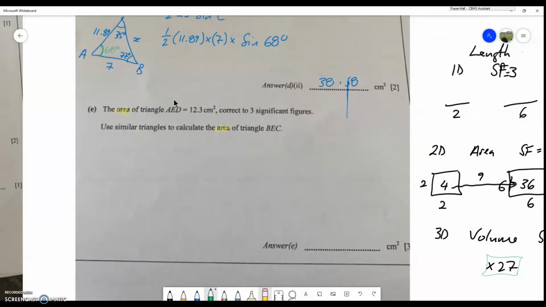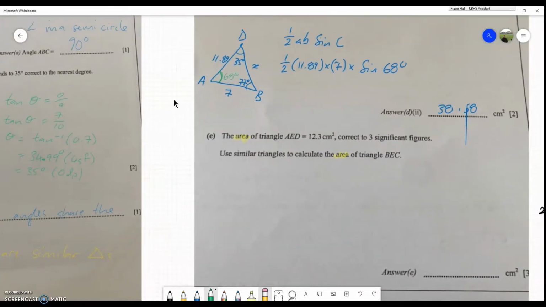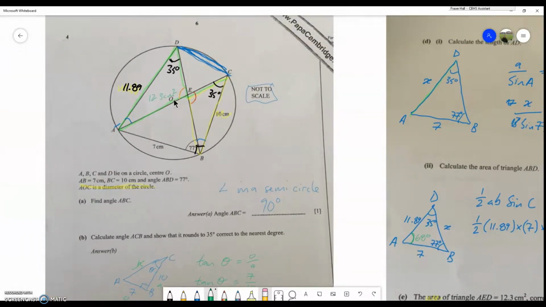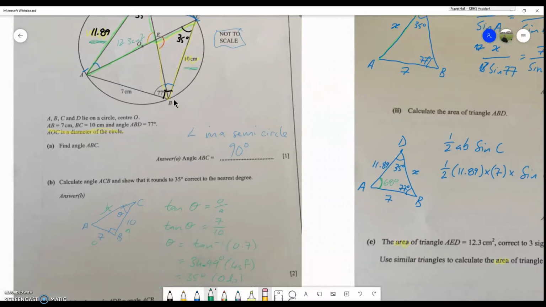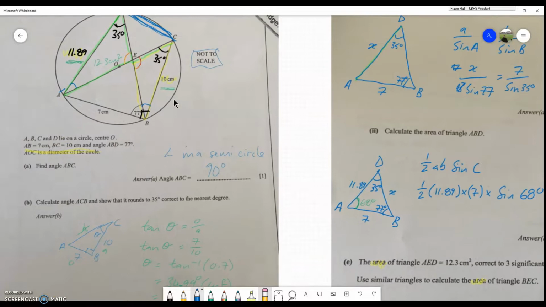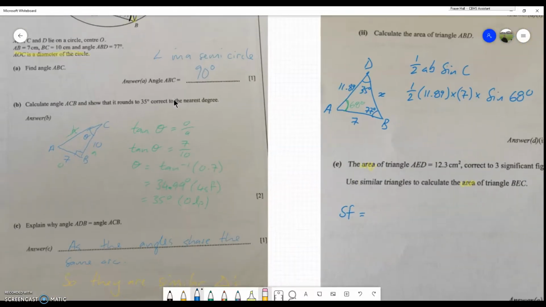So we need to work out the scale factor between the triangles, and if we look at the sides that we can compare, we can compare the length of this side and this side. So for our scale factor, we are going to use BC divided by AD, because they're corresponding sides.